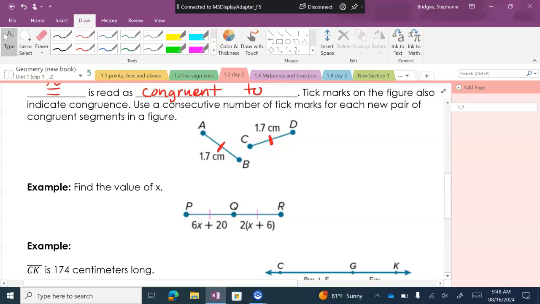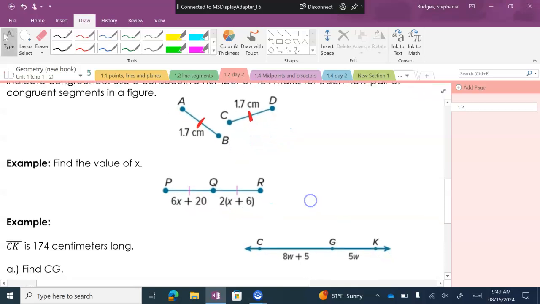So if I wanted to set up an equation and I wanted to solve for x, what would I do? Oh, they're congruent. Close. You have the right idea. Okay. What is the length of PQ? What does it tell you PQ is? 6x plus 20. Okay.